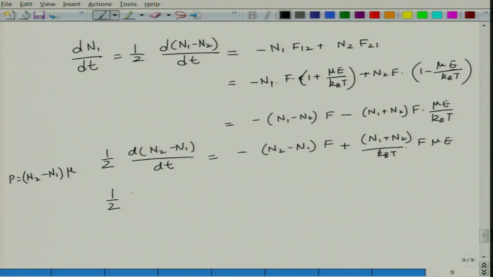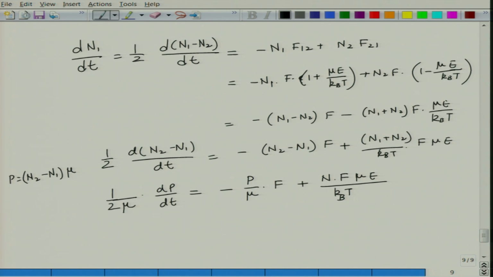So I replace this, and it becomes 1 over 2 mu into dP/dt, equal to minus P divided by mu into F, plus N into F into mu E divided by kBT.